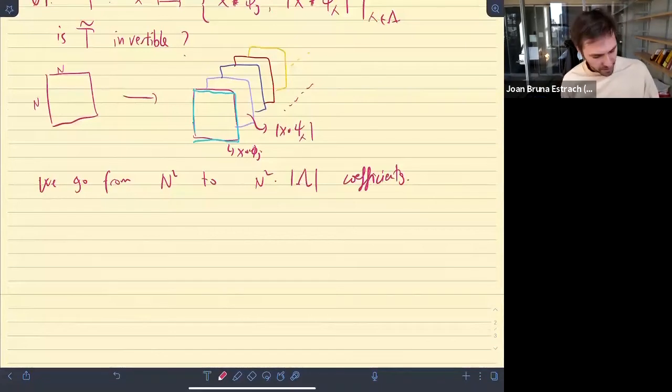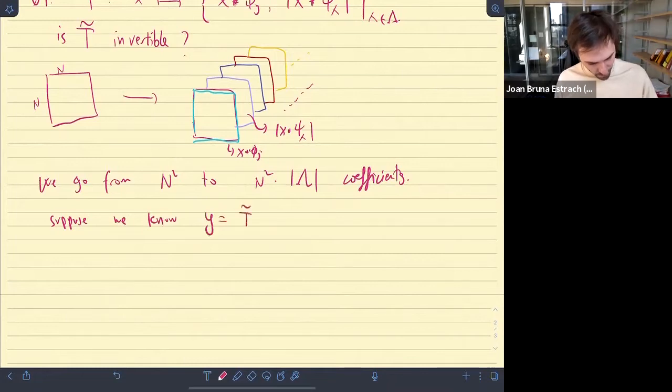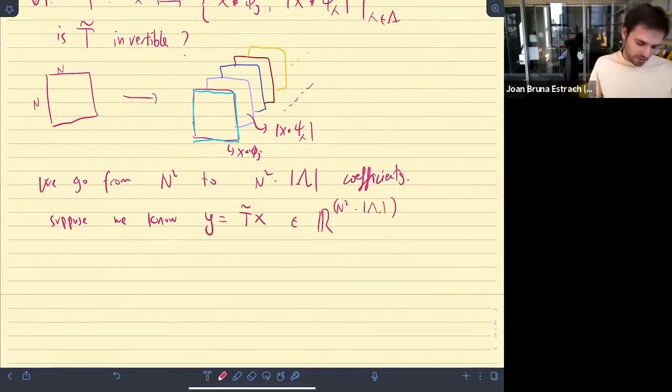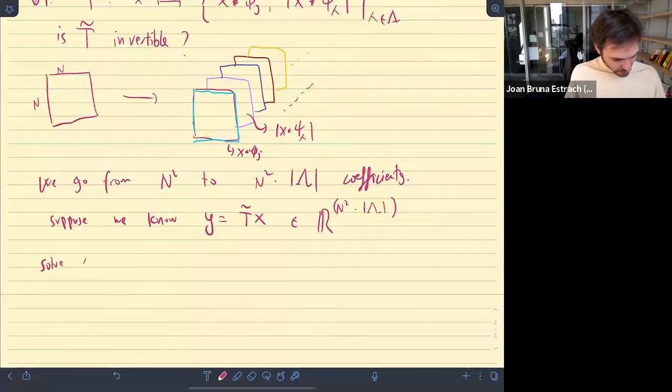What we mean by inverting is that suppose we know y, that is this T tilde of X. So y is a vector, you can think of it as a vector in the finite case of n squared times t, so I have all this number of coefficients. We want to find X, so we're going to solve for X in this system of equations, y equals T tilde of X.